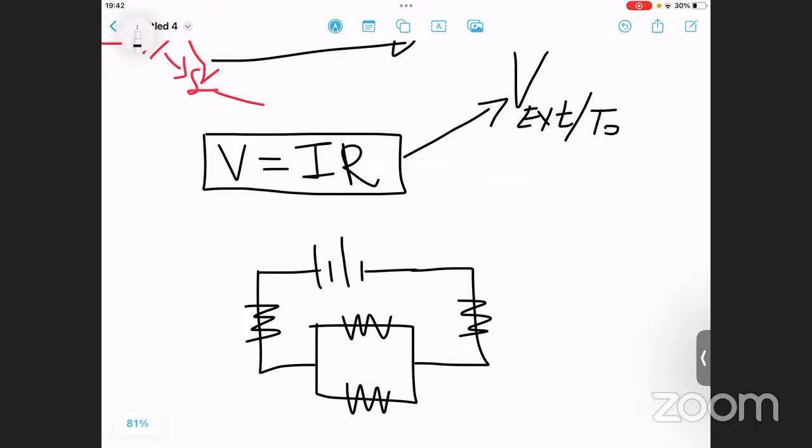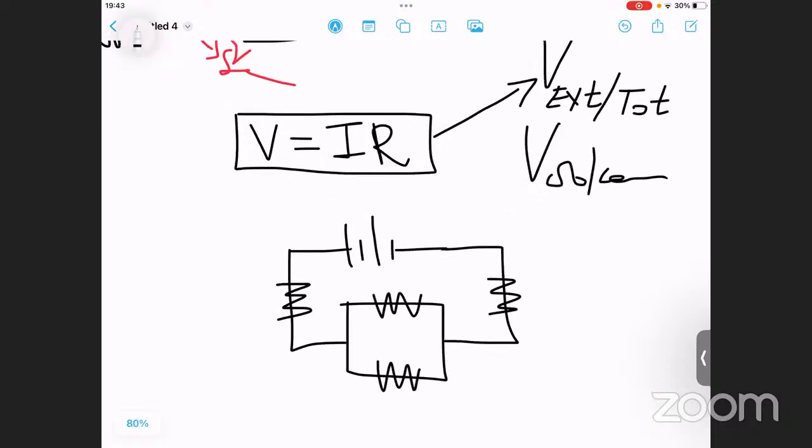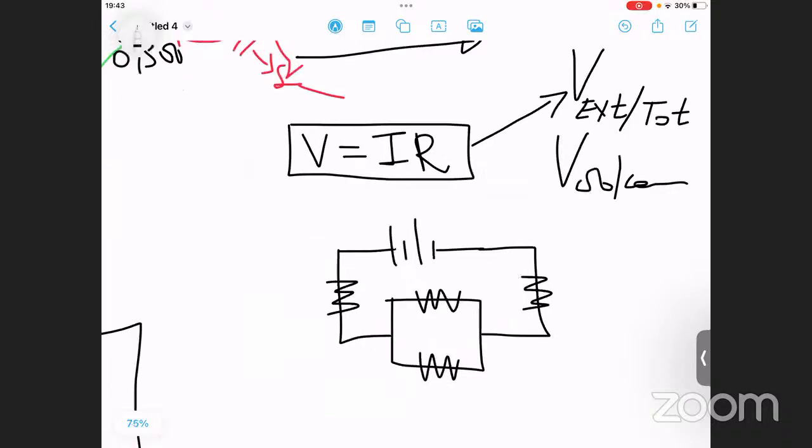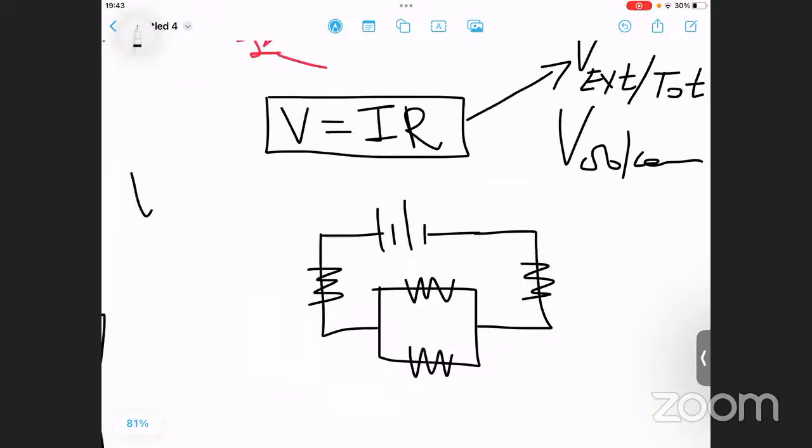It could be external, it could be total or for the whole circuit, or V for a particular resistor or for a particular connection. What do I mean by that? When you use this formula V equals IR, whether you're calculating V tot will depend on what you substitute there.